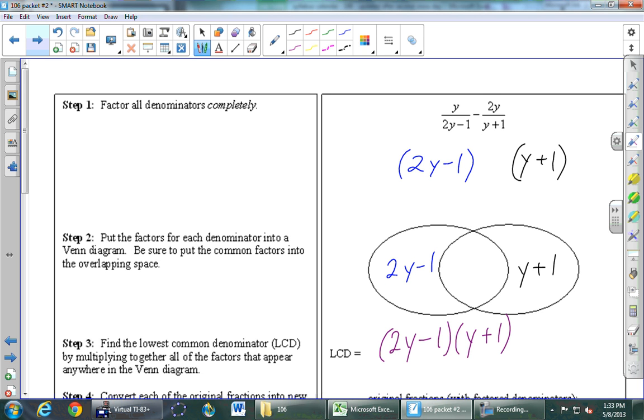Notice that I brought in those parentheses. I kind of introduced them artificially before, but we really need them. And this denominator is in factored form. It's one thing multiplied by one thing.